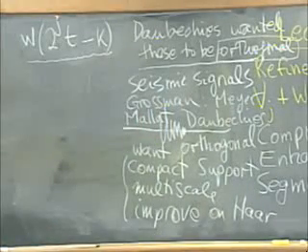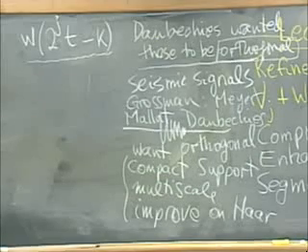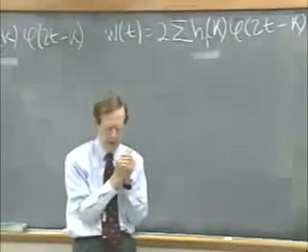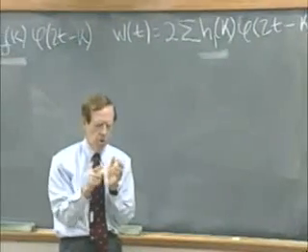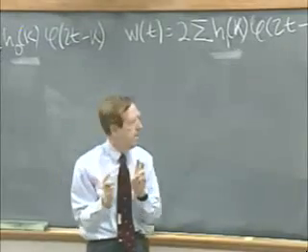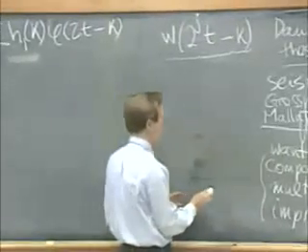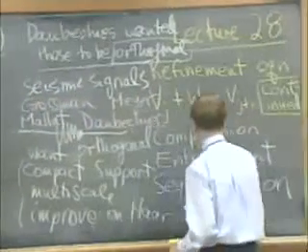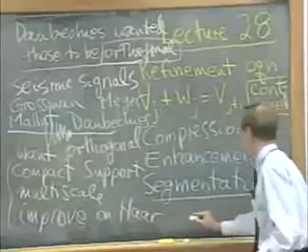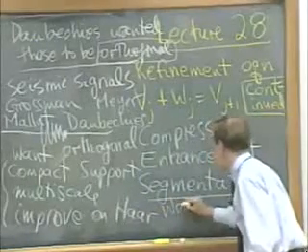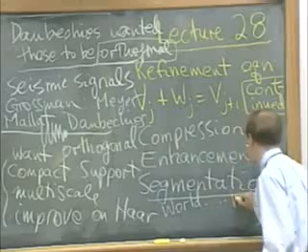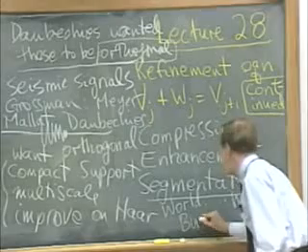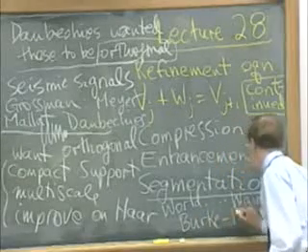Oh, and you should know a book if you're interested in reading the personal side of something like this. There's a book called, I think it's called The World According to Wavelets, by my friend Barbara Burke Hubbard. She uses a hyphenated last name, Burke-Hubbard.